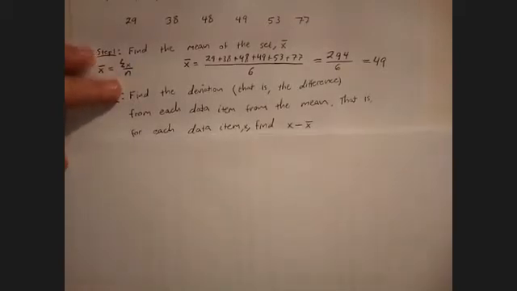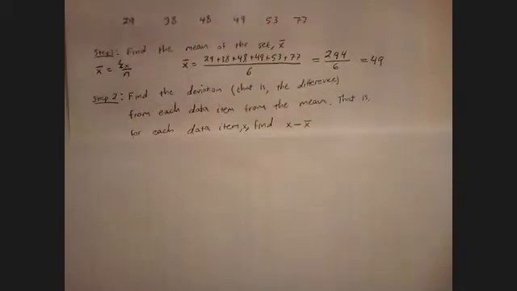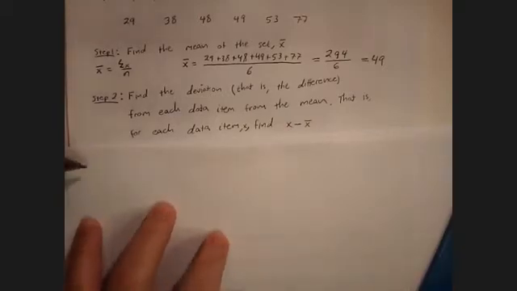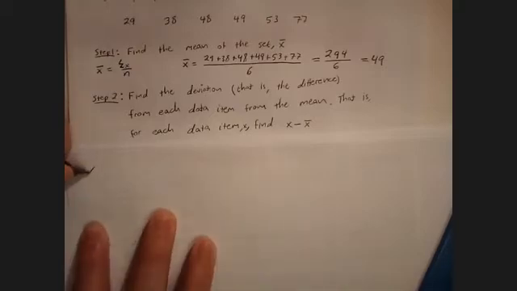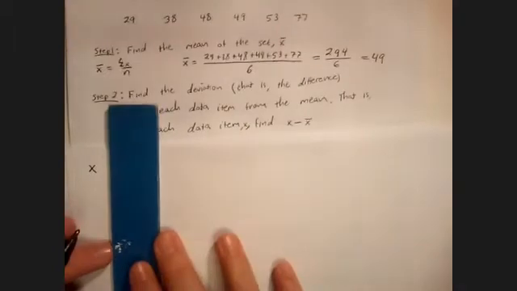Okay. And I think what I'm going to do on another sheet of paper, as I work through these, now that I've got this mean, is make a table. And as I go through the process, I'll add stuff to it. So in my table, I'm going to first do x. X is going to be me just listing out my 6 items. Okay, so this will be my first column.